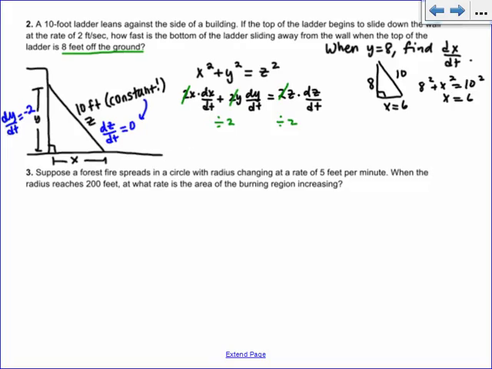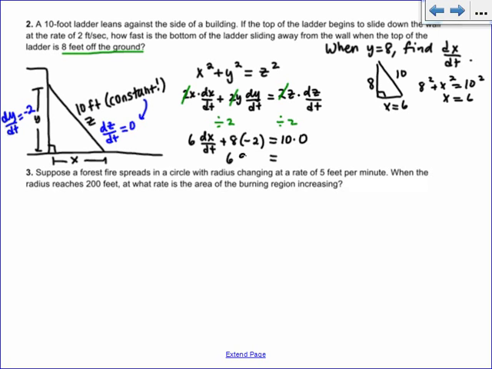So we're going to plug in. So x is 6. Dx over dt is what we're trying to find. Y is 8. Dy over dt is -2. Make sure you have that correct sign. You're losing 2 feet every second. Z is 10, but dz over dt was 0 because it was a constant.